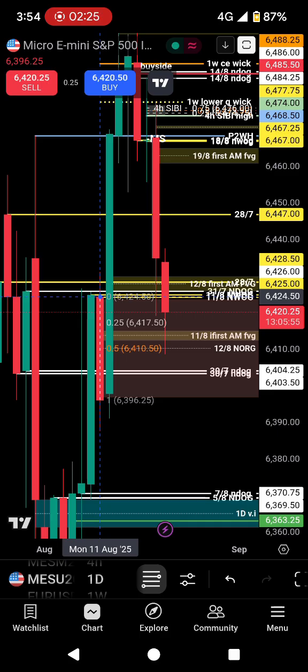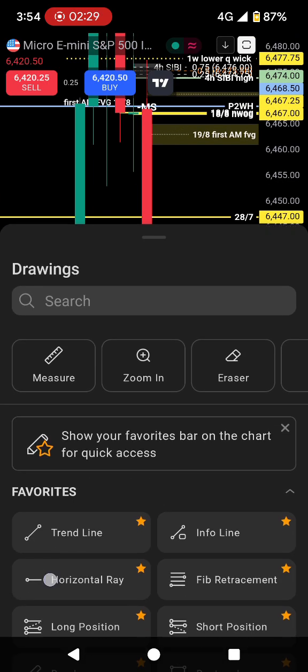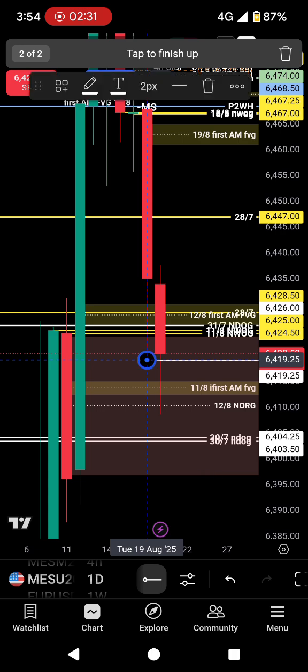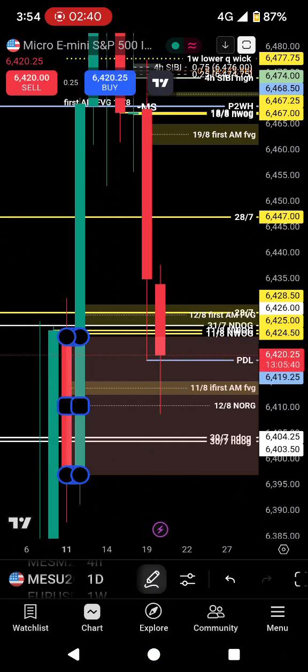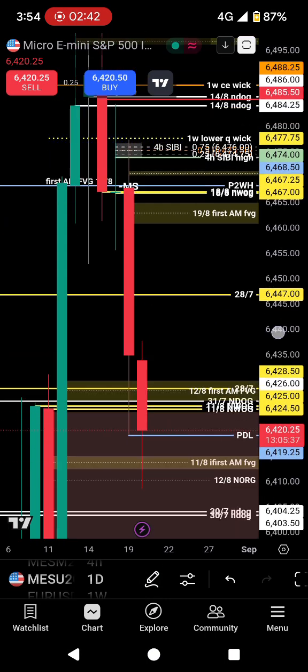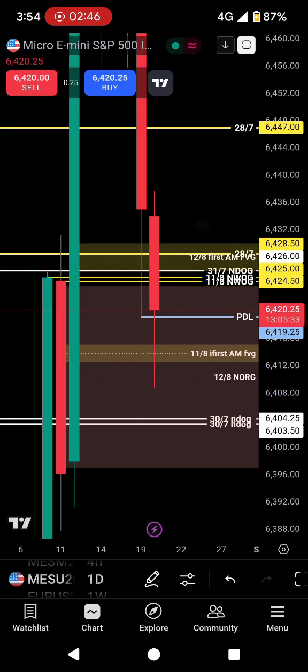Okay, so we also cleared previous day low here. We cleared previous day low, and then we reached the CE of the new opening range gap.